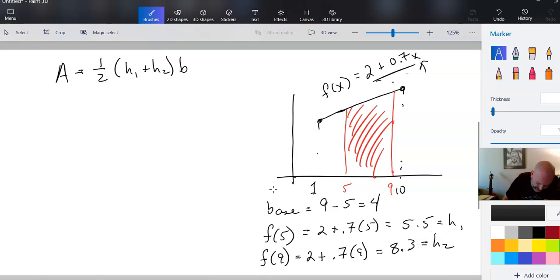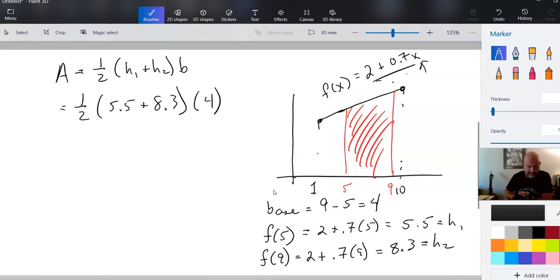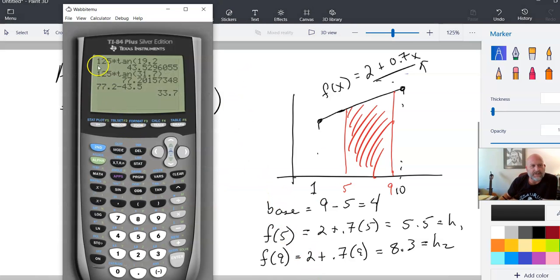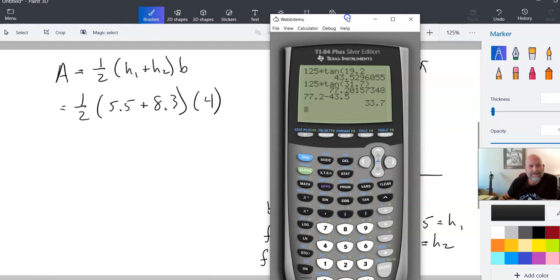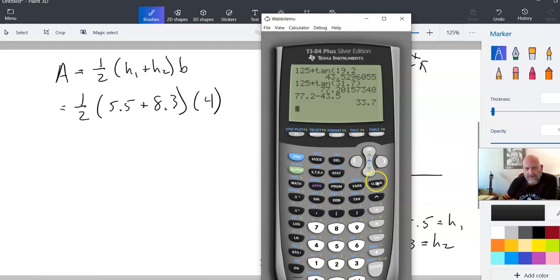H1 is 5.5, so this is 1/2 times 5.5 plus 8.3 times 4. Okay, so this time I'm just going to plug it directly into the calculator, and I think let's do it this way. All right, let me go ahead and clear this off so you can see the whole business.